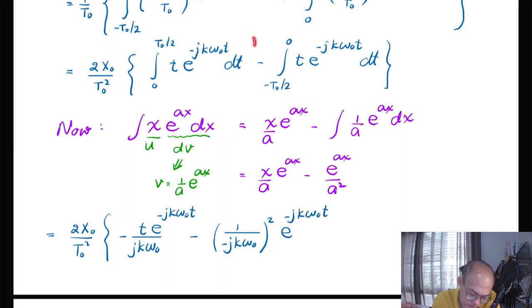That's for this one. Now the other is for this one. So minus, minus t over j k omega 0, and then minus 1 over j k omega 0 squared.